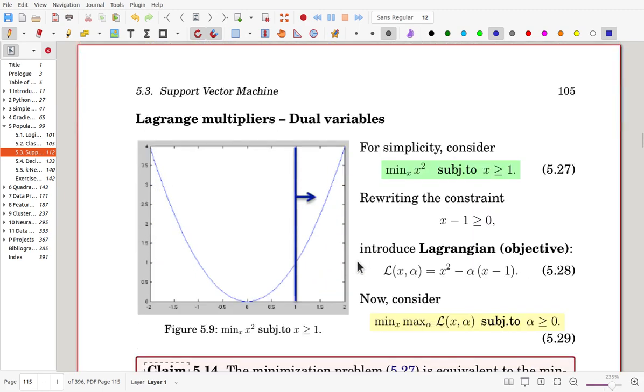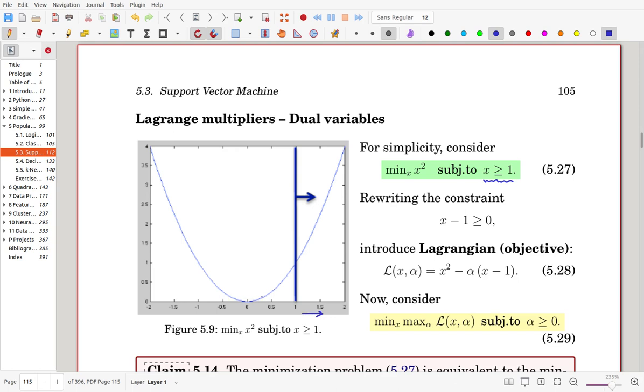Now, here, we'll try to use the technique for solving the optimization problem with an inequality constraint like that. So we try to minimize x squared subject to x larger than or equal to 1. In this figure, x is larger than or equal to 1. That means that only this side is considered.